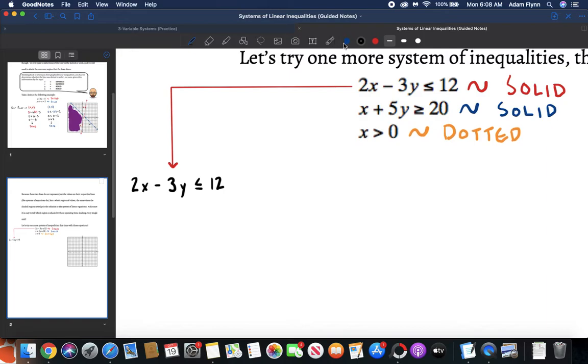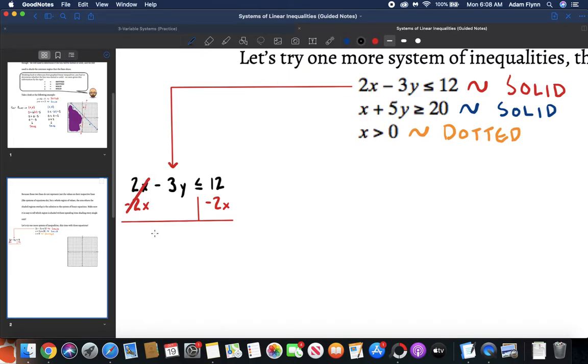So my first step is going to be to subtract 2x on both sides. When I do that, 2x minus 2x is going to cancel on the left side.